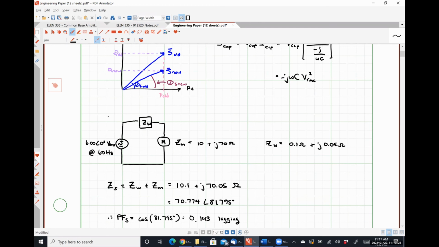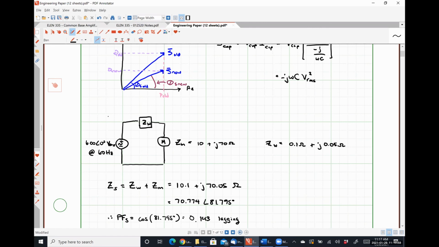VRMS, the magnitude of the RMS voltage squared, divided by the magnitude of the impedance multiplied by the cosine of theta z, I believe should give us the average power specifically. Yeah, so that would give us the average power, which is really what we're most concerned with right here.